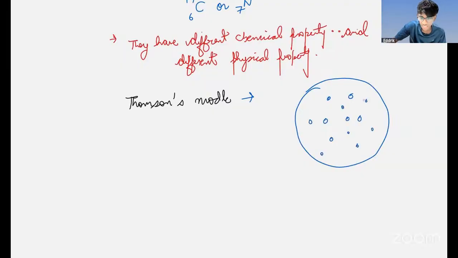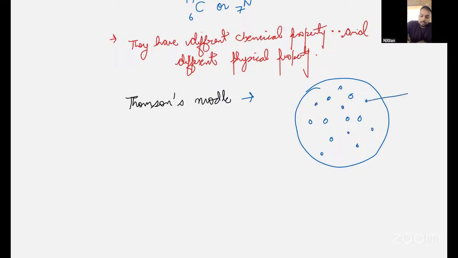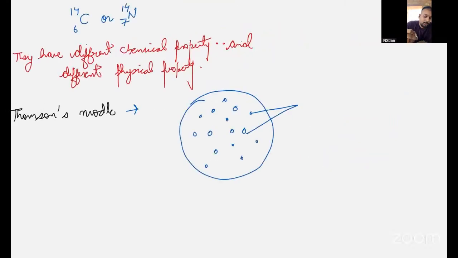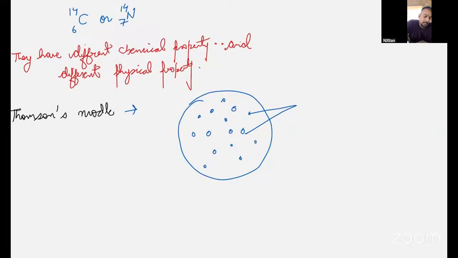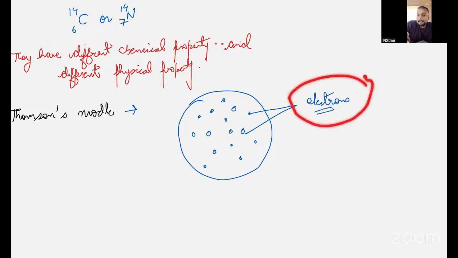At that time, the nucleus was not discovered. It was said that there is a positive part, so he made it like this, saying that electrons are like the seeds in the watermelon, and the rest, the red part, is a positive sphere.